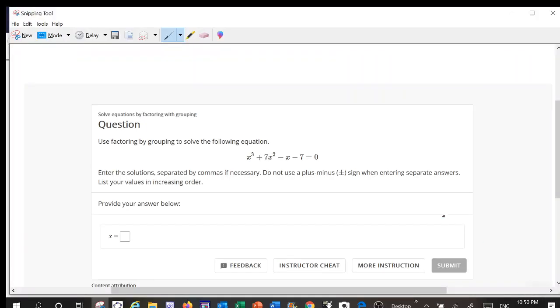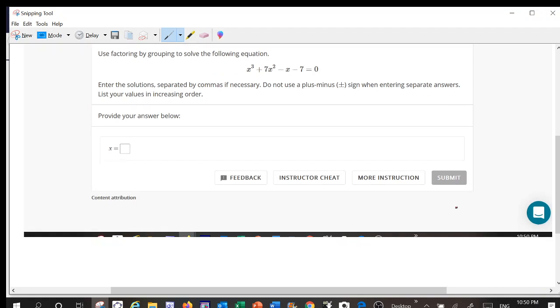Here we can see, what do they have in common? X squared. If you take x squared out of x to the third, we get x. What do we get if you take x squared out of that? Well, you just divide to see it. You get positive 7.